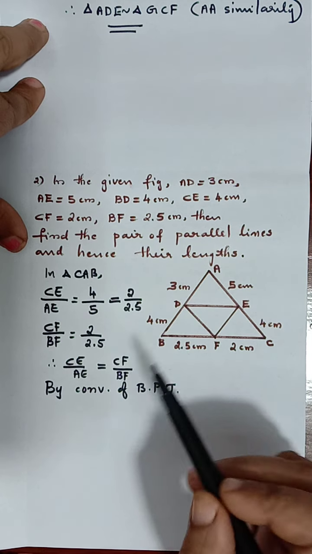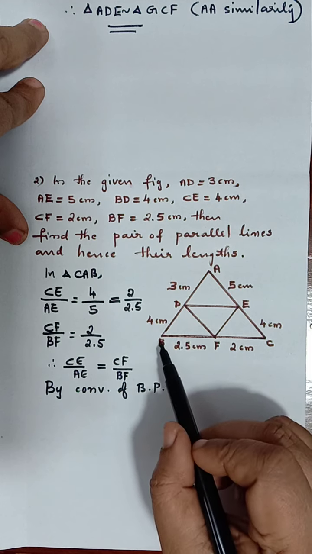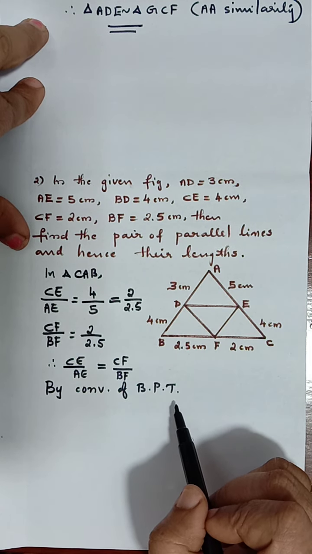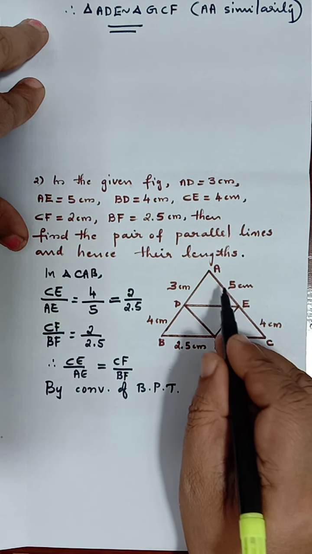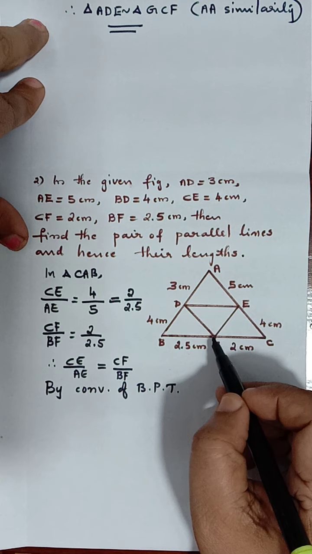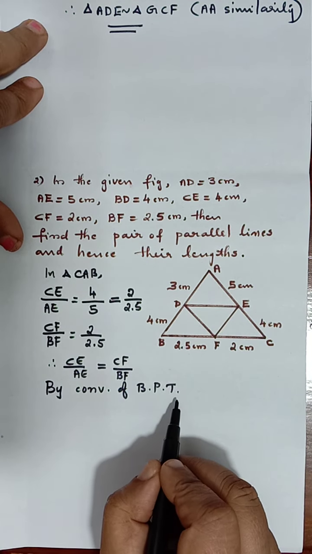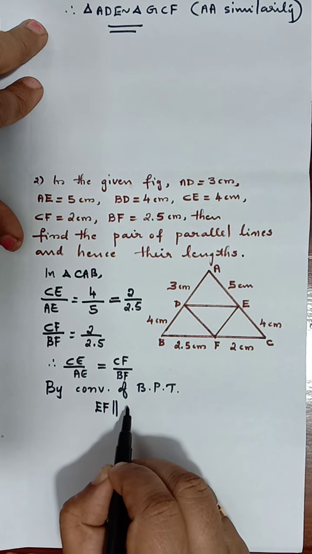But in this case, we have seen CE by EA equal to CF by FB. Therefore, here comes the converse of BPT. In the converse of BPT, if two sides are proportional, then the given lines are parallel. This implies, by the converse of BPT, EF is parallel to AB.